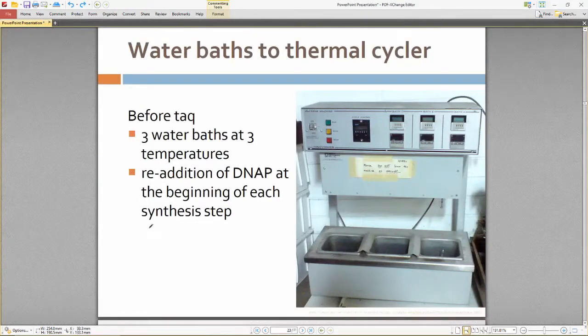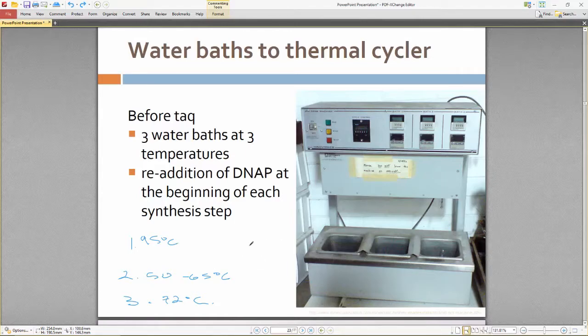Remember how step 1 was 95 degrees Celsius, step 2 was 50 to 65 degrees Celsius, and step 3 was 72 degrees Celsius? What we actually do is put all the components into a little tube, and then they go into a big machine, a PCR cycler, and it just changes the temperature.